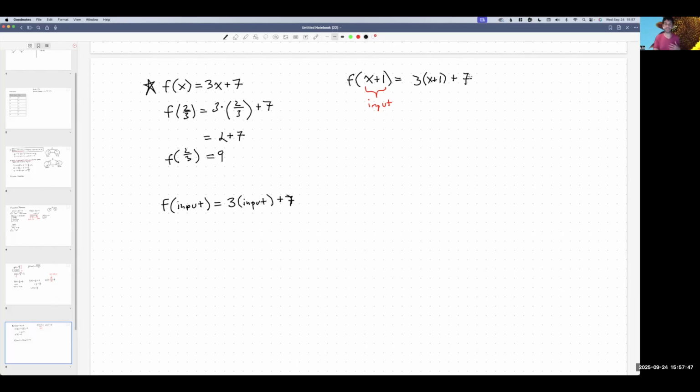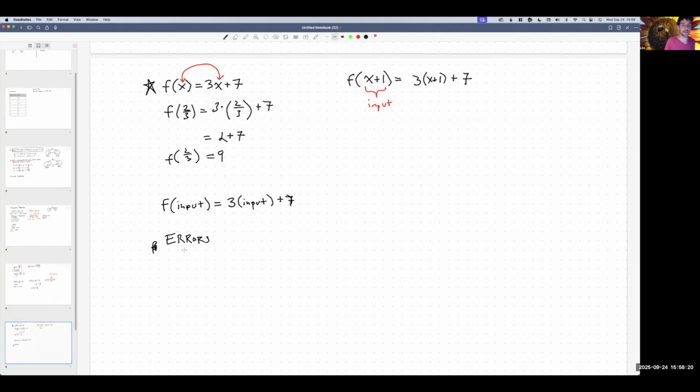We just replace whatever's put in the parentheses, we put in the place that x went in the original function. Whatever's put in these parentheses, you put it right here. And the fact that we wrote x plus 1 doesn't change that. We take that x plus 1 and we put it right there. Now, we'll evaluate this. I mean, it is evaluated in a sense, but we'll play with that in just a second. We'll come back to it. But I want to just show you a couple common errors before we get there. So I'm going to do this over here.